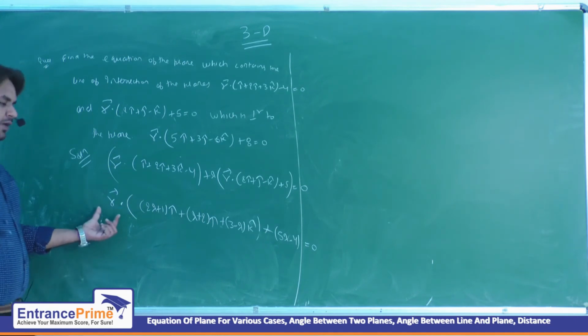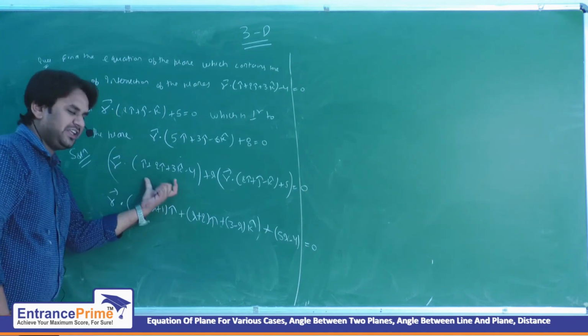So this is the equation of the plane which is passing through the line of intersection of these two planes.